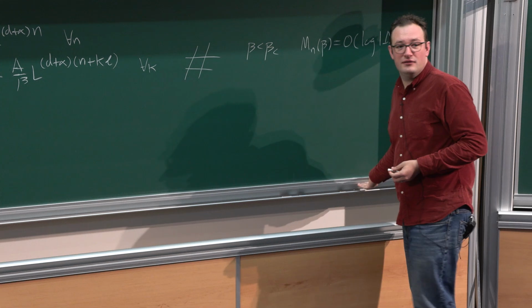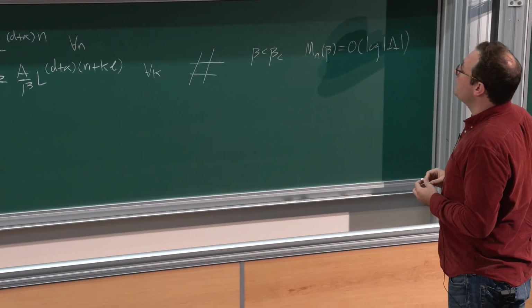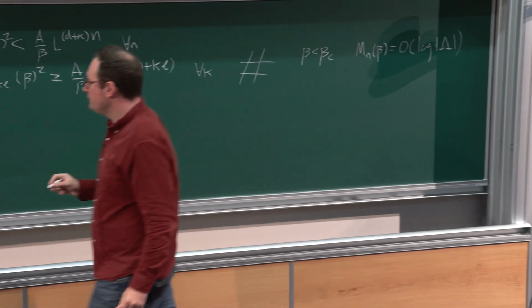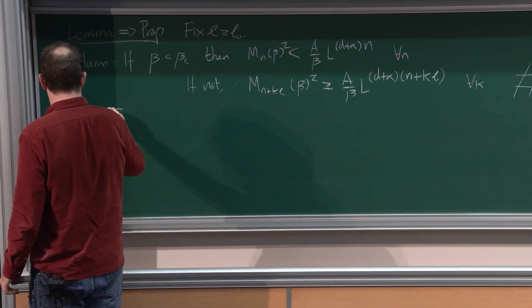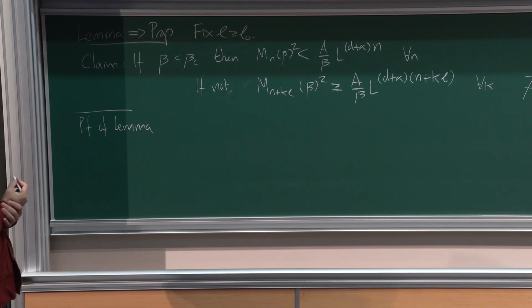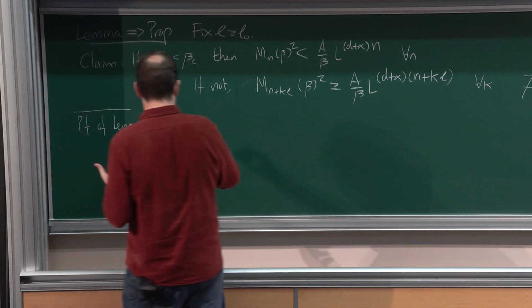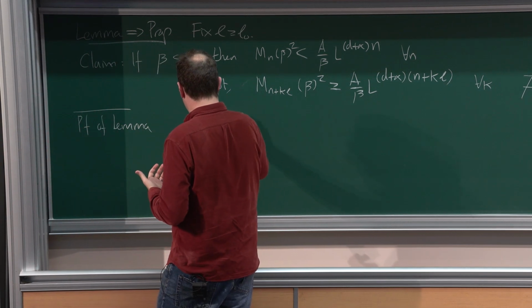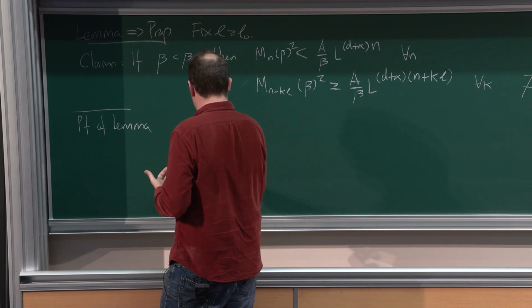Okay. That's clear? Okay. So what's the idea for the lemma? Well, the first thing is we're going to pick, let's say we go up by this large number of scales, small l.